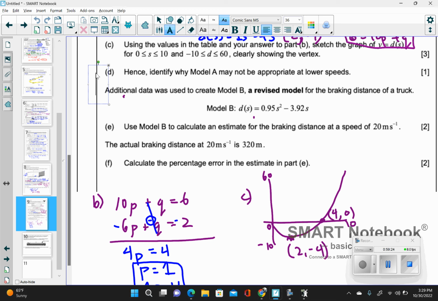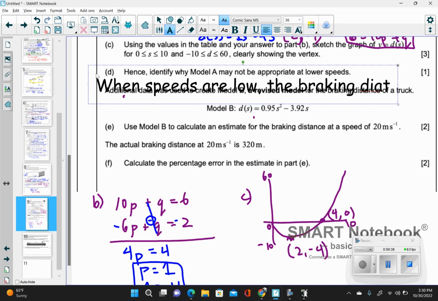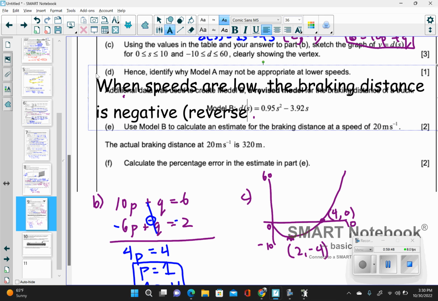So when speeds are lower or low, the braking distance is negative, which indicates that the truck is going in reverse. And this is not realistic. Not realistic.